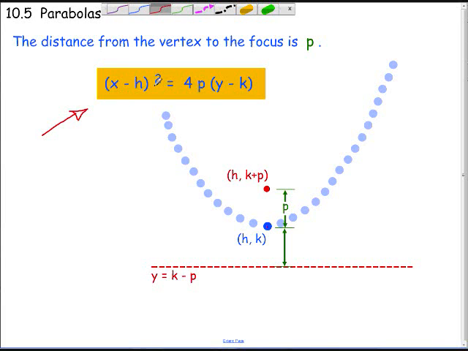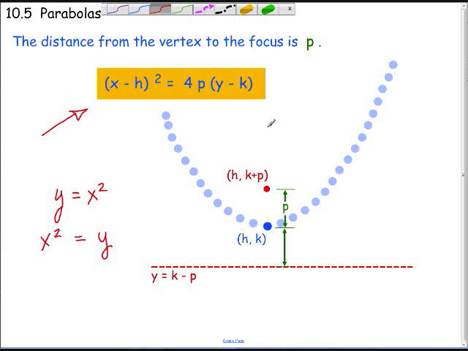The x term squared equals 4 times p times your linear term. And when your linear term is y, it's a relative of this, isn't it? It's just re-expressed in a little bit different way.